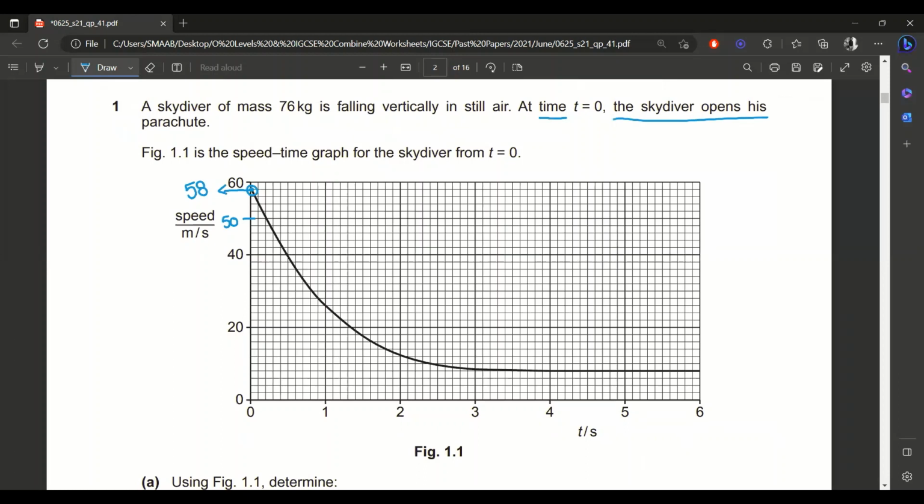So the initial speed, which starts when the skydiver opens the parachute, is 58 meters per second. And after that, it becomes constant after some time.